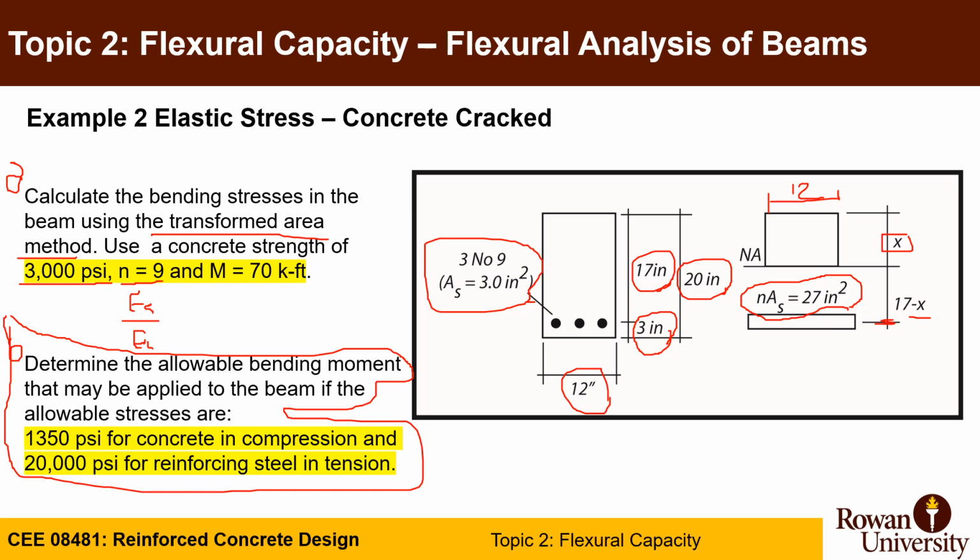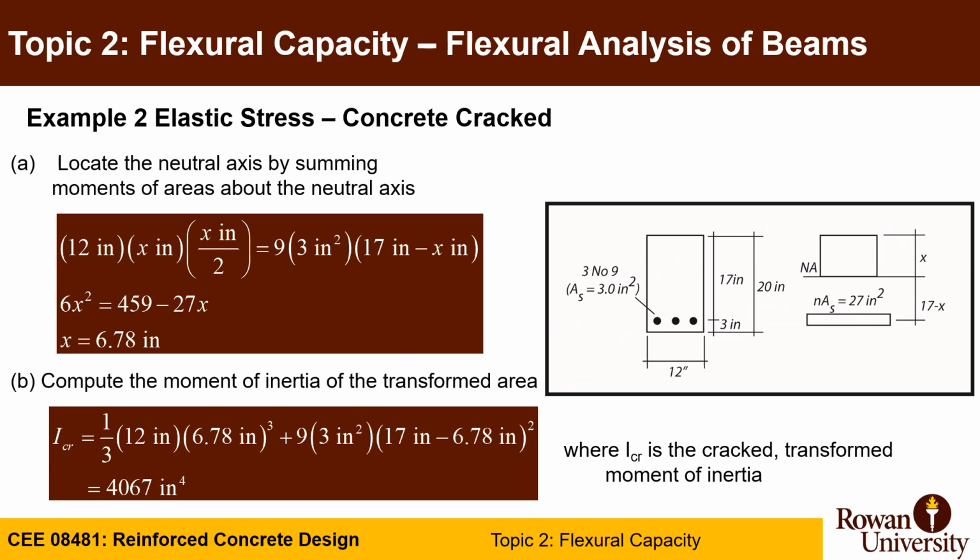So here we need to calculate basically what's called I cracked, because your section now is transformed. In order to calculate that, you need to calculate what is x. So x will be defined by taking the moment of area of the two parts of the section around the neutral axis.